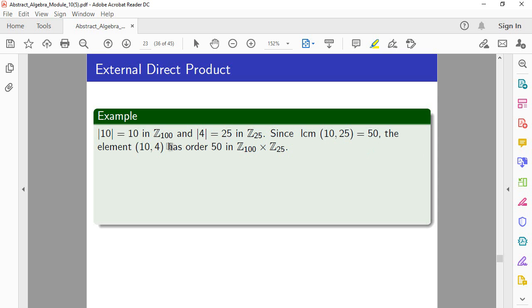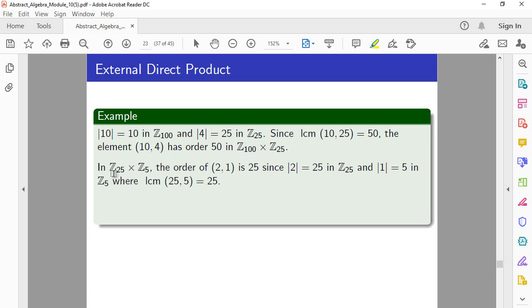So the pair (10, 4), an element of Z100 cross Z25, as an element of this external direct product has order 50, the LCM right here.